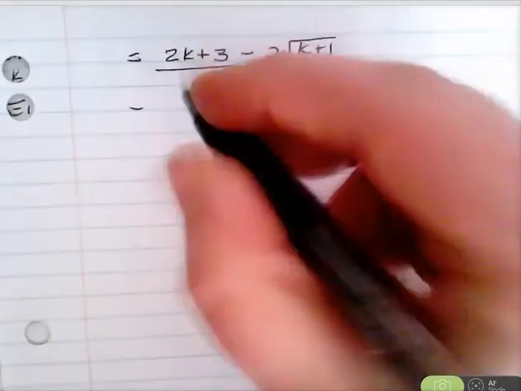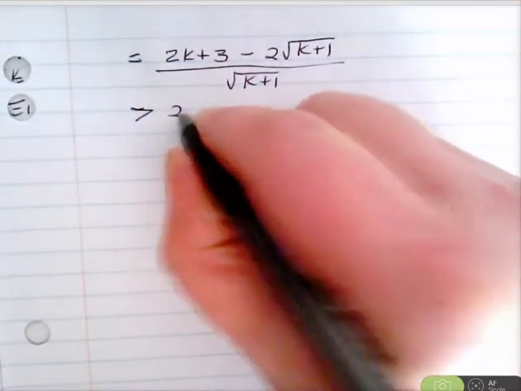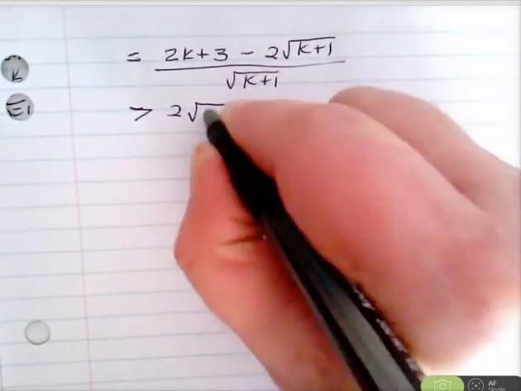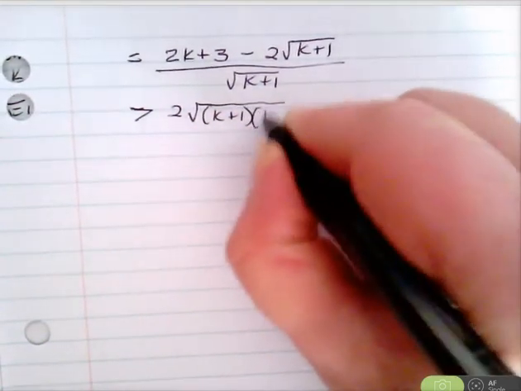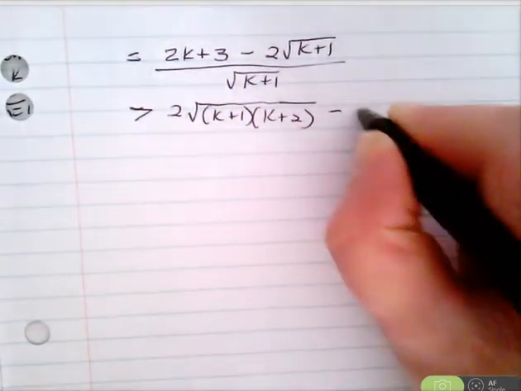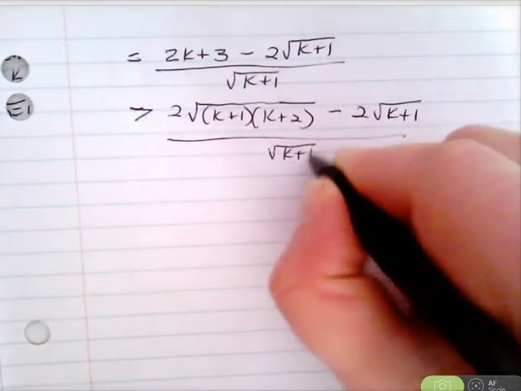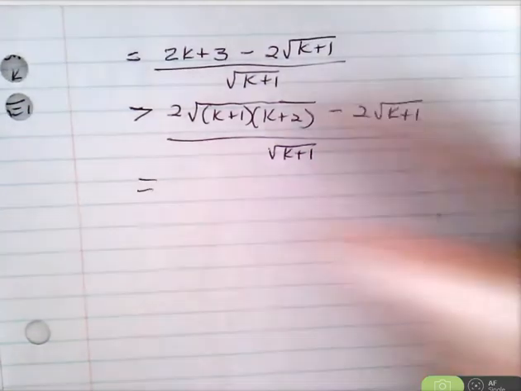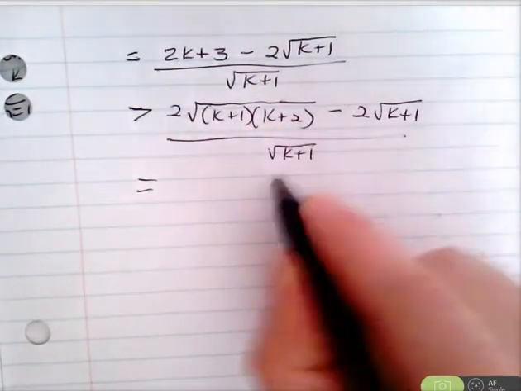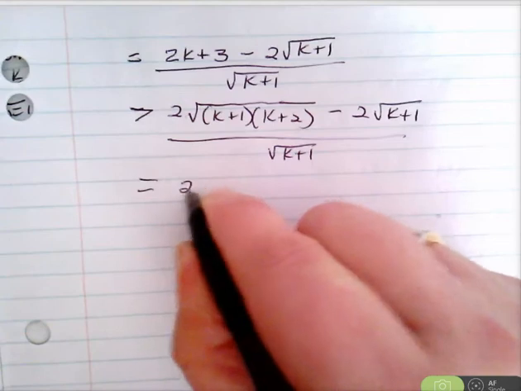So therefore this is greater than 2 times the square root of k plus 1 times the square root of k plus 2 minus 2 times the square root of k plus 1 all over the square root of k plus 1.